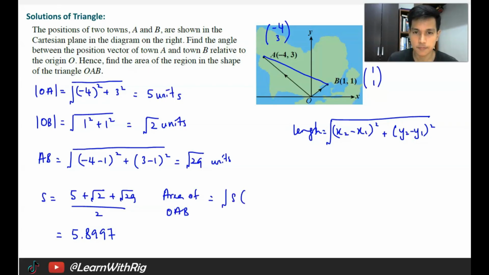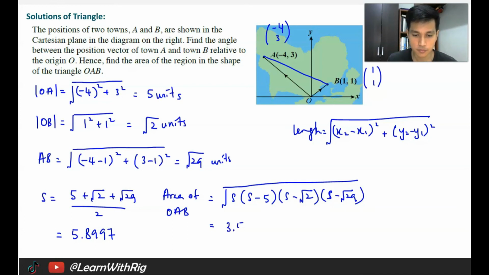So S minus a is what? a is 5, and then S minus √2, and then S minus √29. Don't forget to square root. So your answer here should be 3.5 units squared. Alright, so that's how you solve this kind of question. It's actually a mixture of vector and also solutions of triangle.